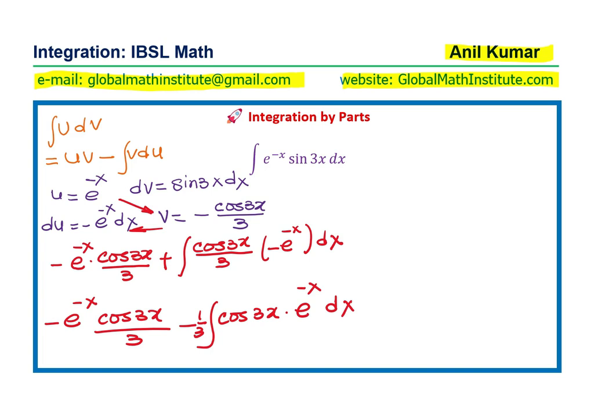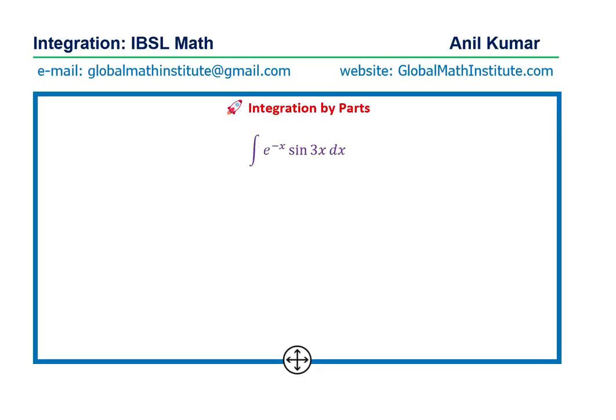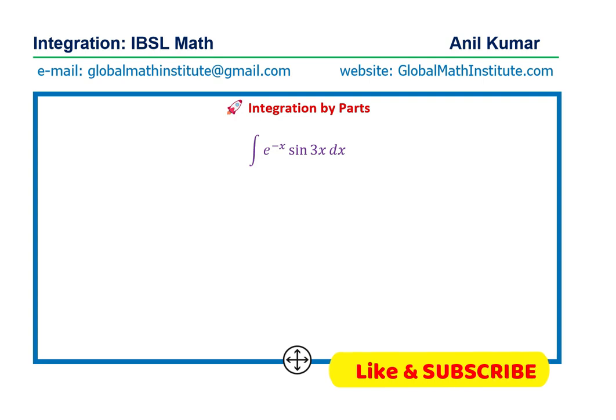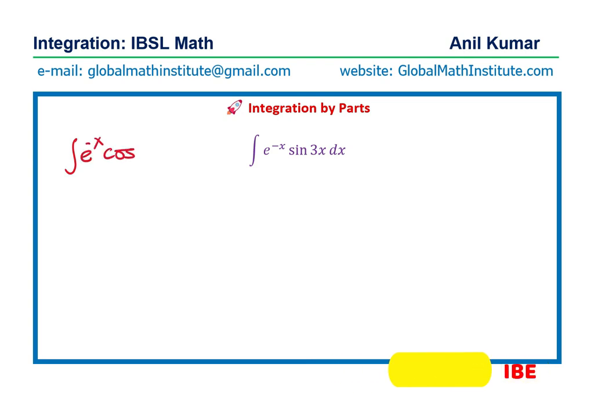So let's take this integral part on the next page. Now we are going to integrate e to the power of minus x cos 3x dx, again applying uv.